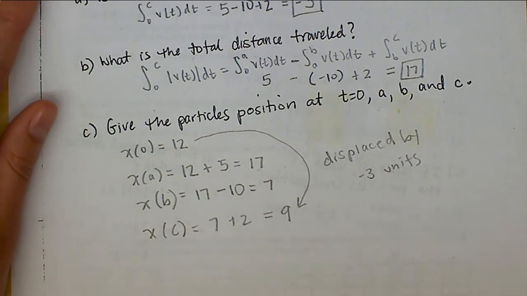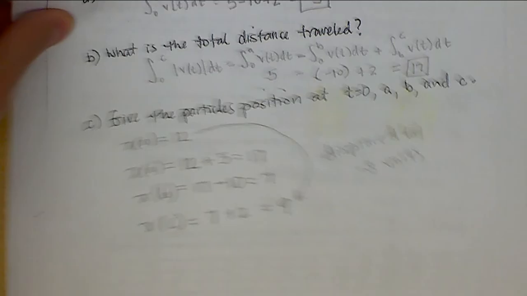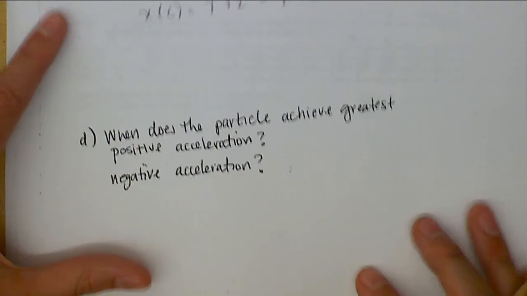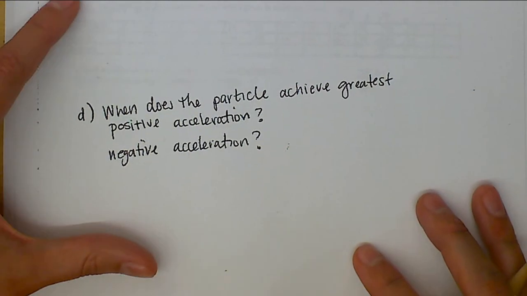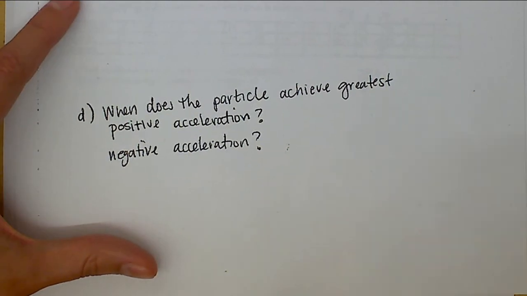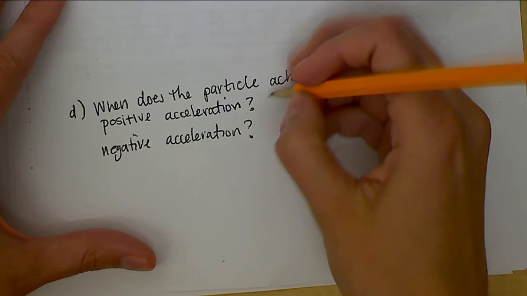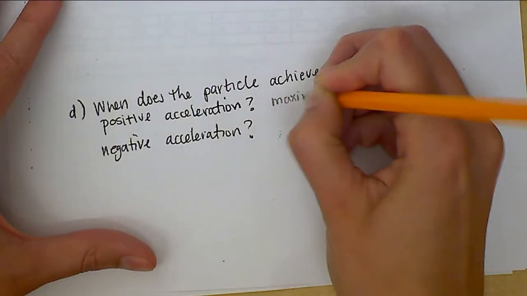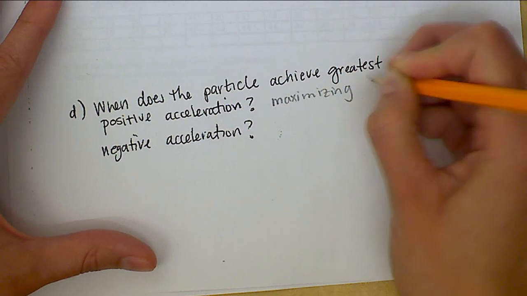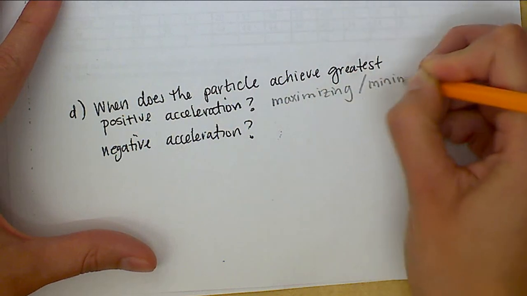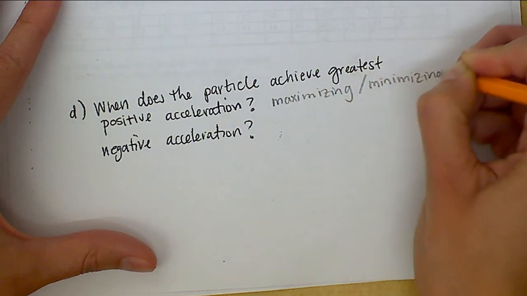Okay. And then the last problem, D: when does the particle achieve greatest positive acceleration and then negative acceleration? So here, basically what we're doing is we're maximizing and minimizing the acceleration.